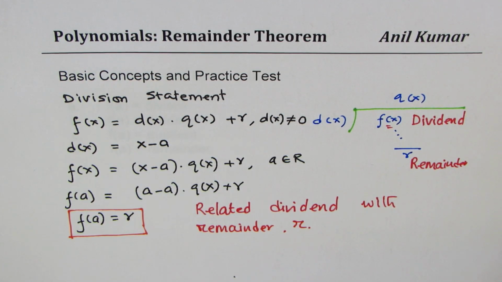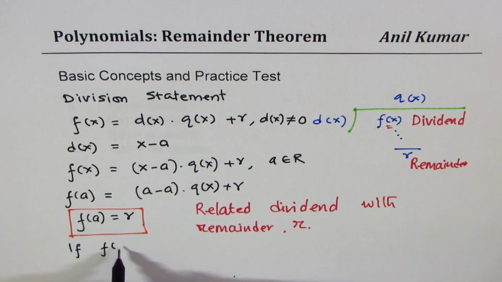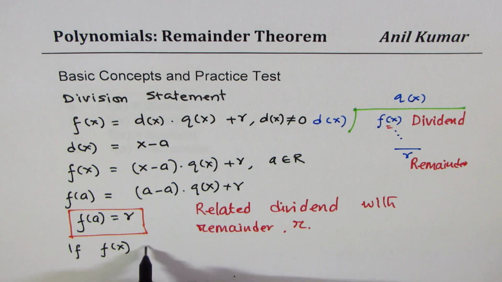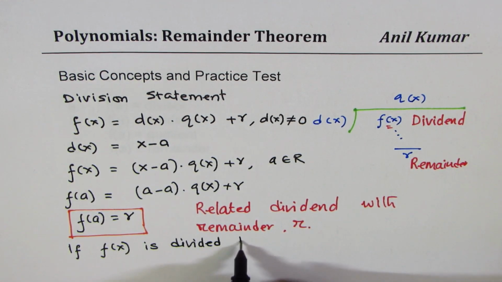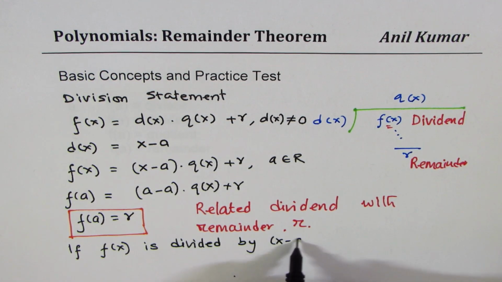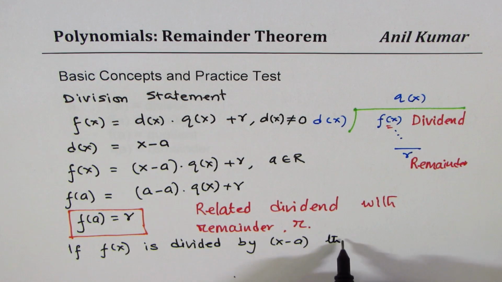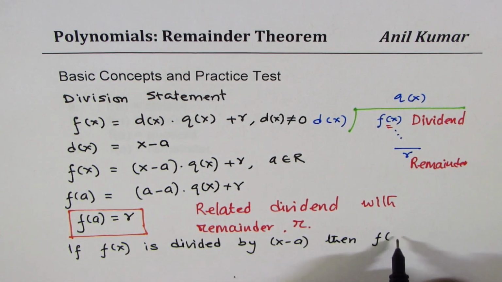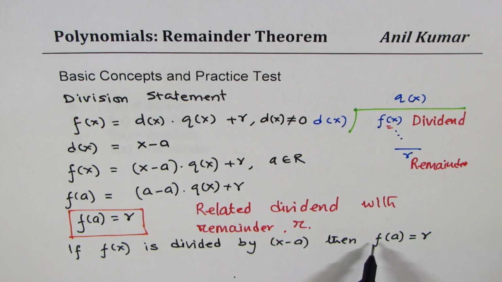So that actually is called the remainder theorem. That is to say that if f of x is divided by x minus a, then f of a is equal to r, the remainder, right? So the value of the function at a is the remainder.